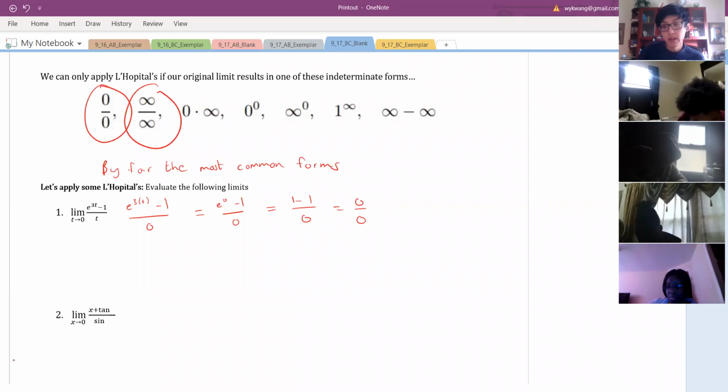I'm going to give just one more minute because we are nearing the end of our class. I would like to see a few more answers in chat. Remember, we're just finding the derivative of the top and the bottom, and then doing the same exact limit.